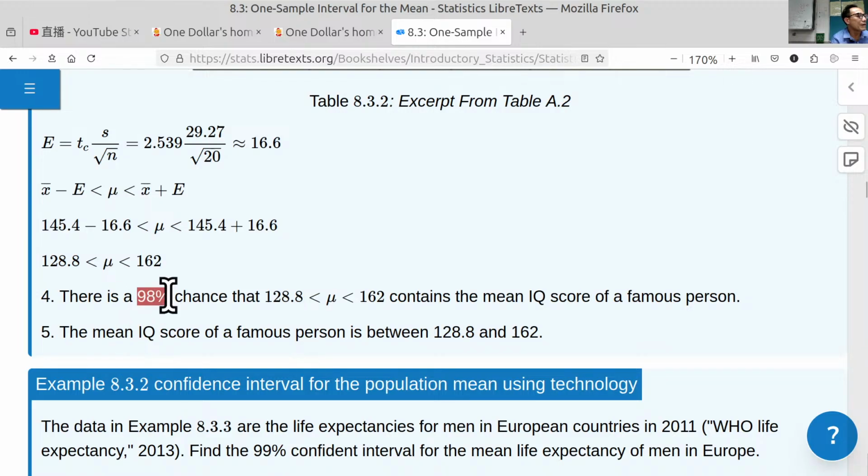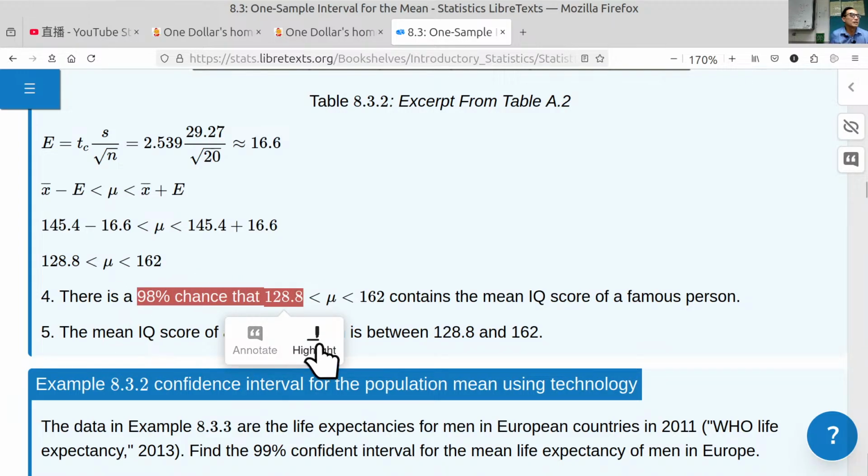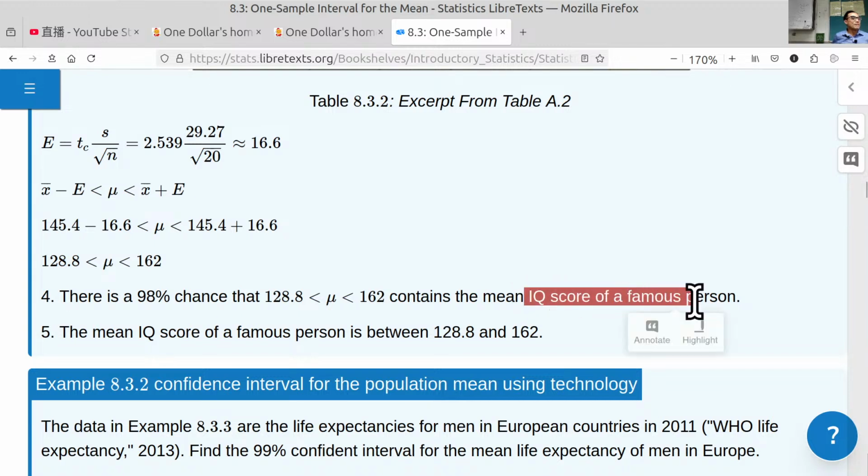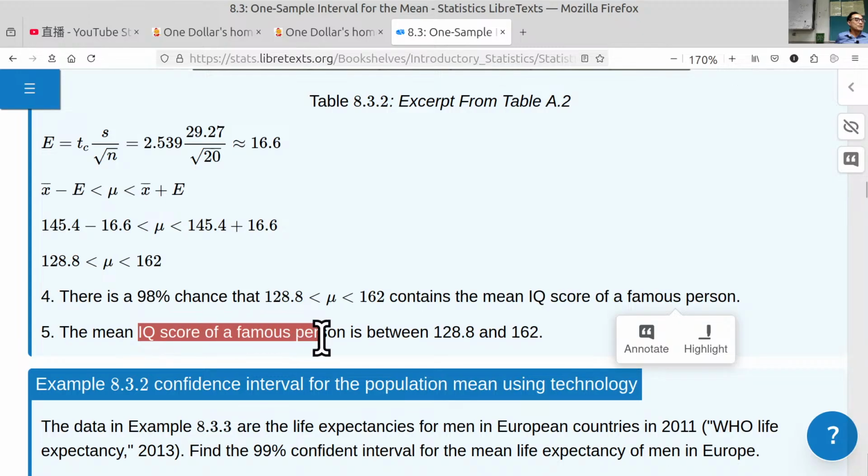There is a 98% confidence interval that 128.8 is smaller than mu and smaller than 162. In this range, we have 98% confidence that the mean IQ score of a famous person is between these values.